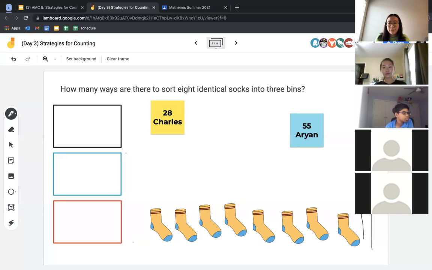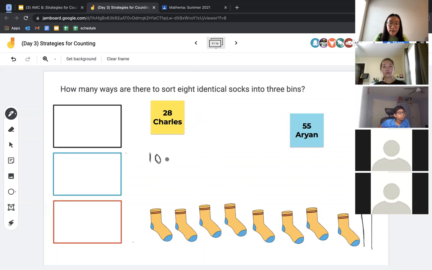And now, how many total objects do we have? 8. Well, objects plus dividers, because we're counting the sticks as objects. Oh, then it's 10. Yeah, perfect. So we're gonna have 10 objects. And that's gonna be the first part.